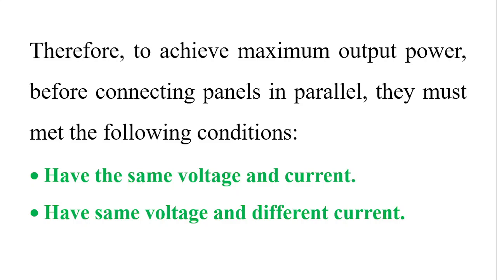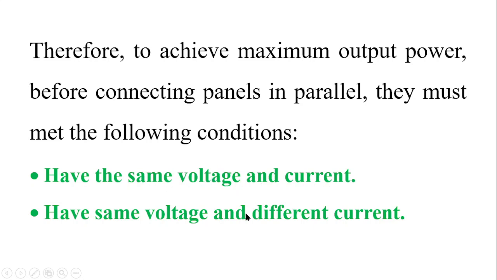So that is why it is very important to note that before connecting panels in parallel, if you want to achieve a maximum output, you must make sure that they have the same voltage and current. So the emphasis here is the voltage.